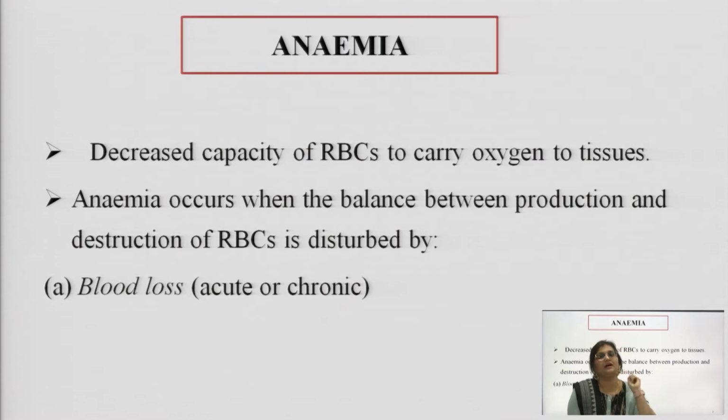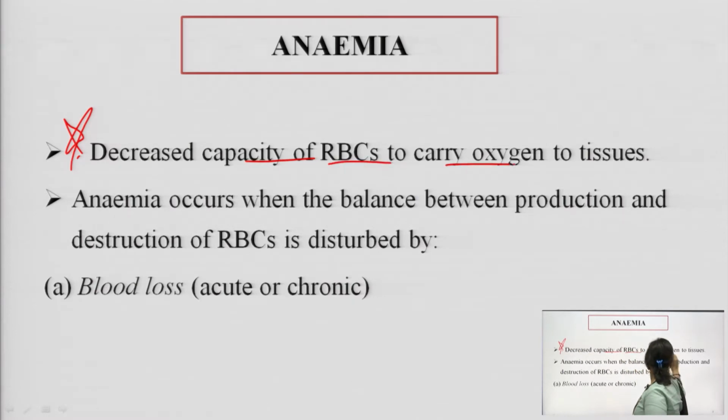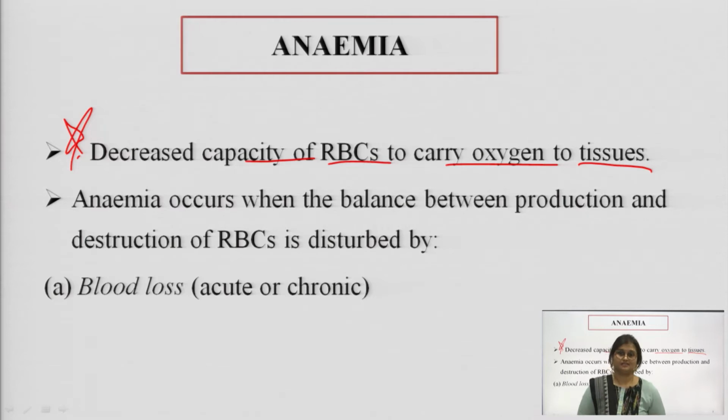Number 1, anemia is defined by the decreased capacity of the RBC to carry oxygen to the tissues.